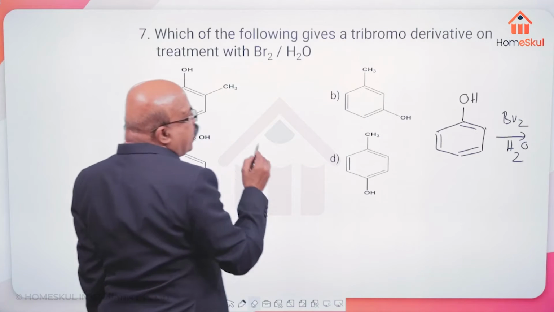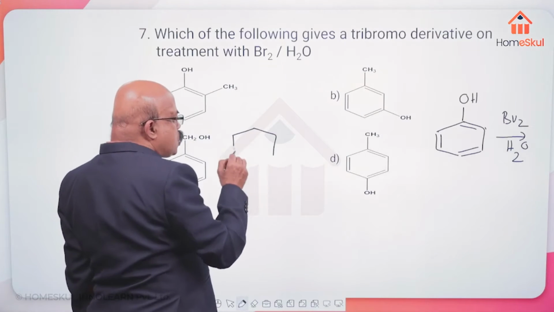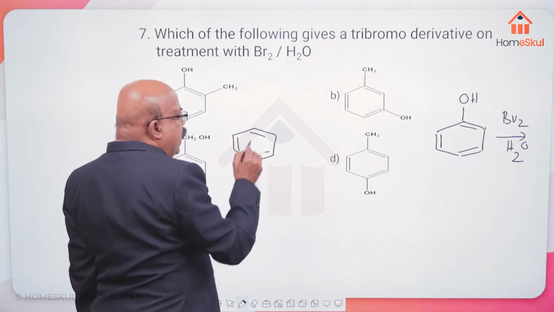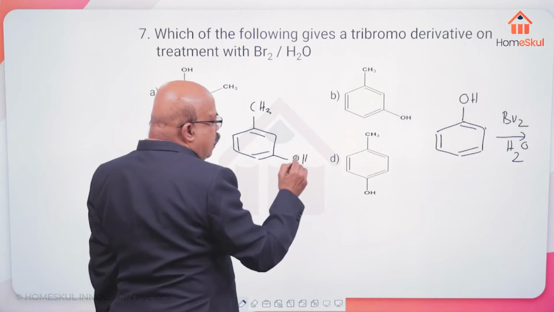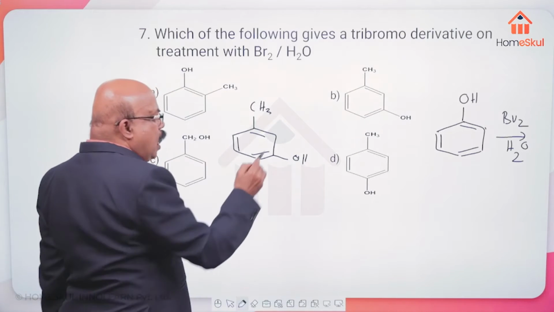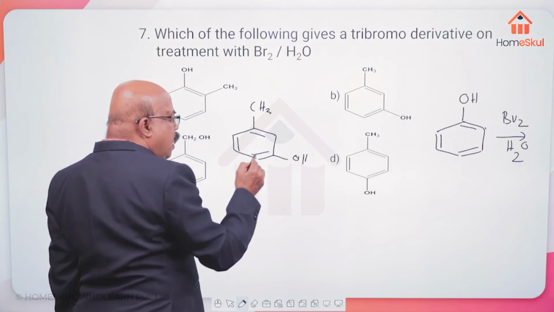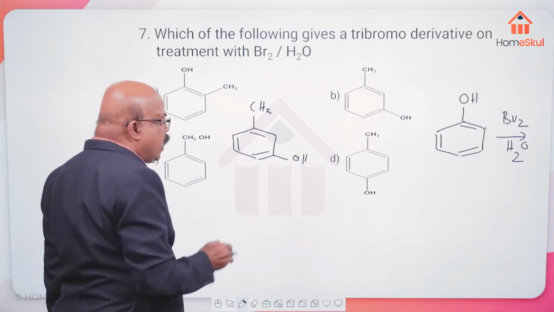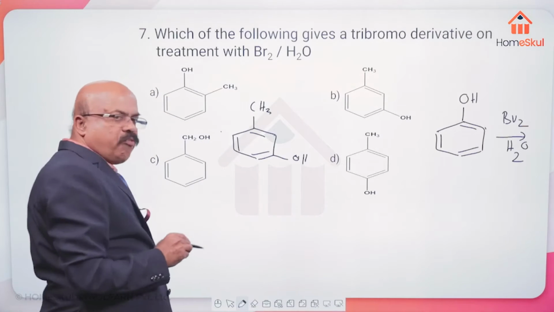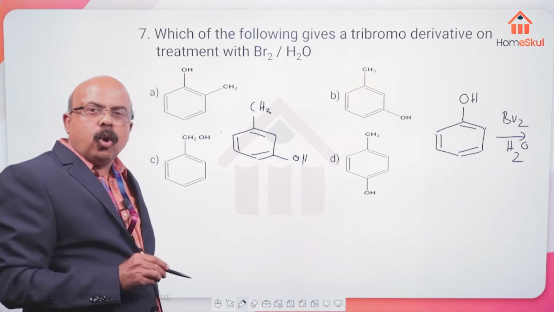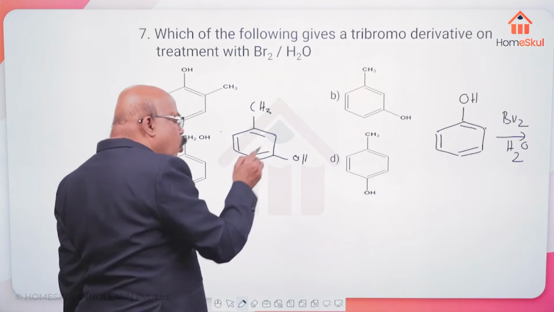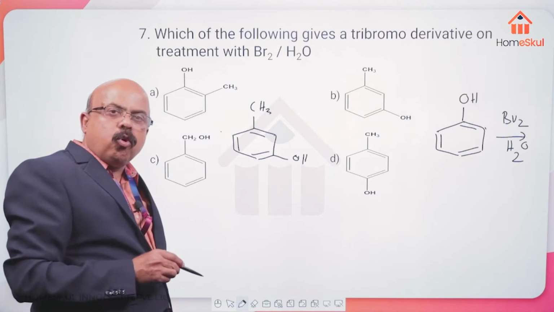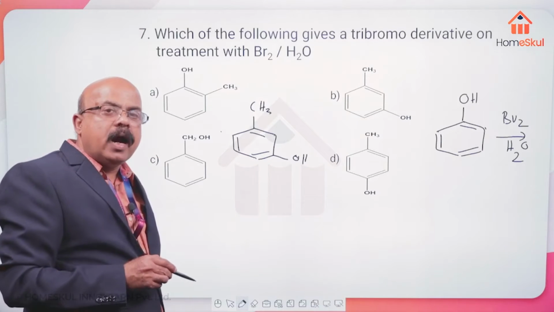In this case, the second one is metacresol, 3-methyl phenol. Here, with respect to this OH group, these two ortho positions do not have any substituent. The para position is also free. So both the ortho positions and the para position are free for electrophilic attack of Br positive.